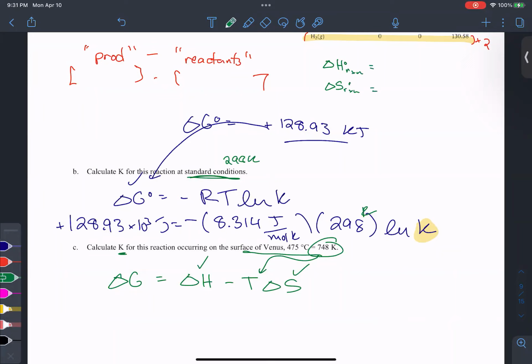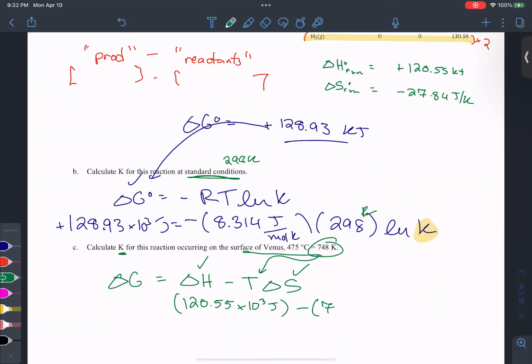Delta H is positive 120.55 kilojoules, and delta S is negative 27.84 joule per Kelvin. I'm going to change delta H to joules so it matches entropy. New temperature, minus 748 Kelvin times delta S, negative 27.84 joule per Kelvin. And this will give us our new Gibbs free energy value.